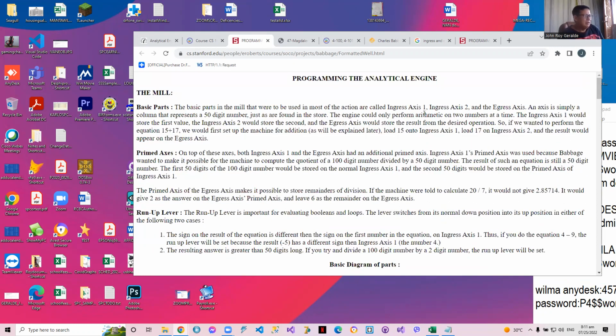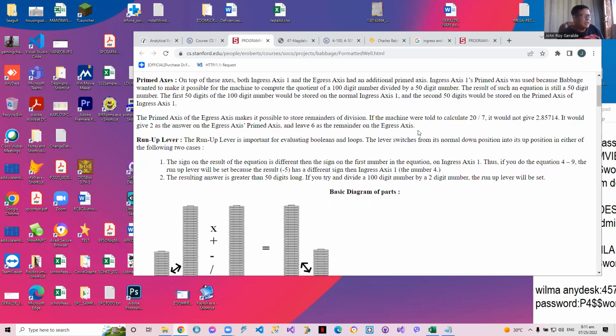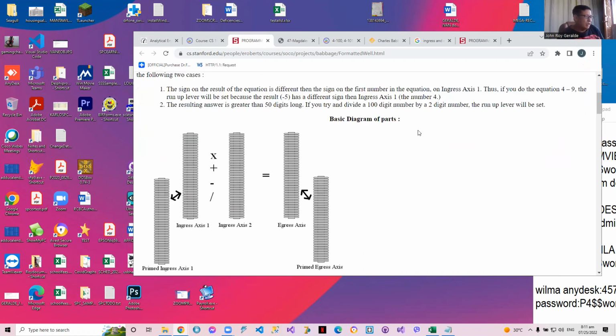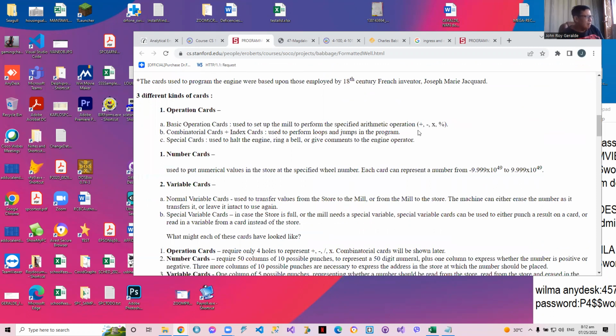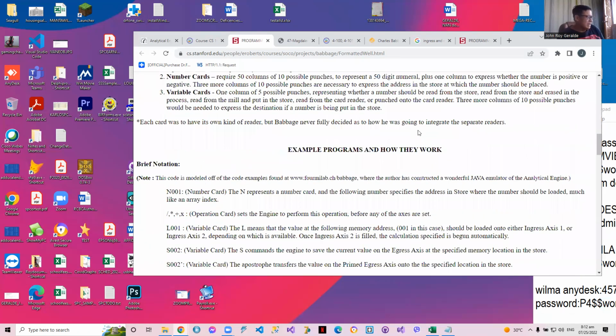The ingress axis is used for input. For example, you are going to divide two numbers. The first input comes into ingress axis 1, the second input goes into ingress axis 2. When the division is done, the result is stored in the egress axis.